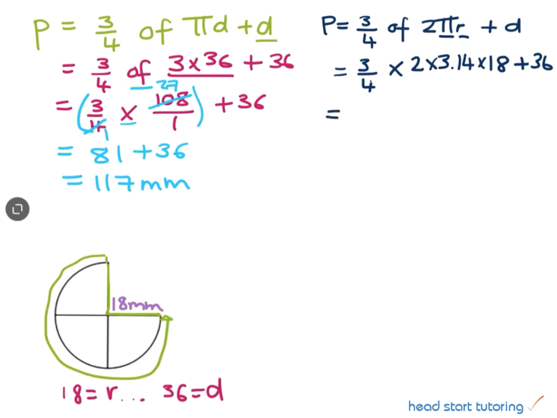Right, so we just need to work very carefully because we're working with quite complicated numbers when we're working with decimals. So we work out 3/4 multiplied by 2 multiplied by 3.14 multiplied by 18. So this answer here will give us 113.04 over 1. And we will remember to plus our 36 at the end.